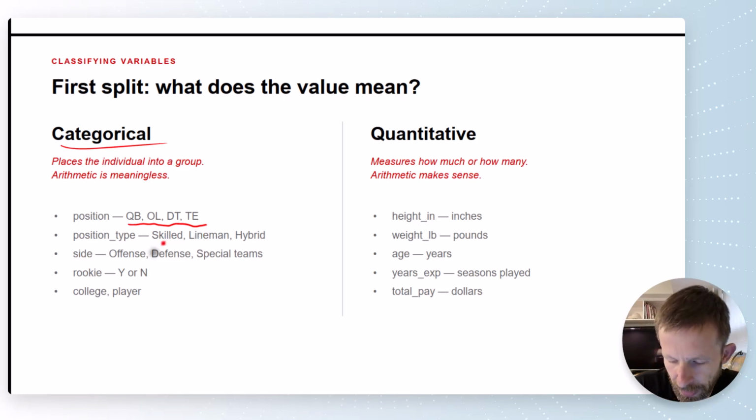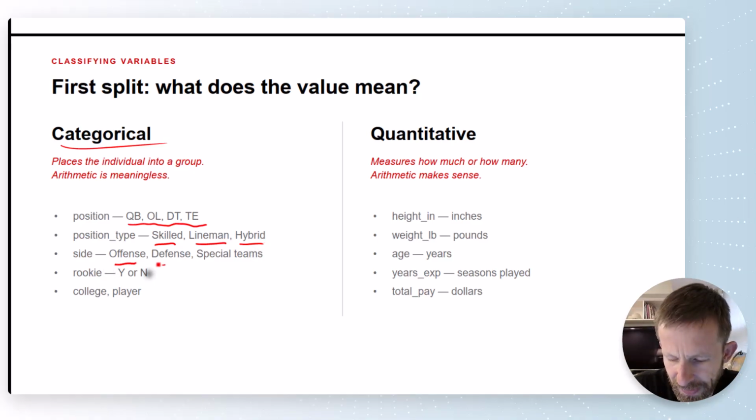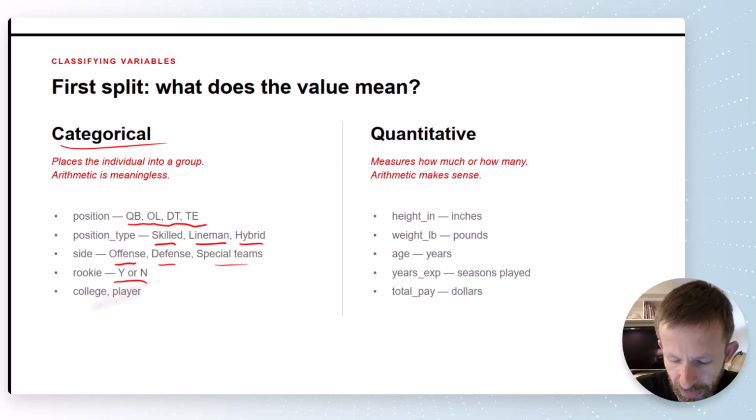Position type, so I went ahead and grouped the different positions because there's so many positions into skilled, hybrid, which includes tight ends and linebackers, and linemen. And if you're not familiar with American football, that's totally fine. We can still work on the data. Side, either playing offense, defense, or special teams. Rookie, so either they're playing their first year in the league or they're not, where they went to school.